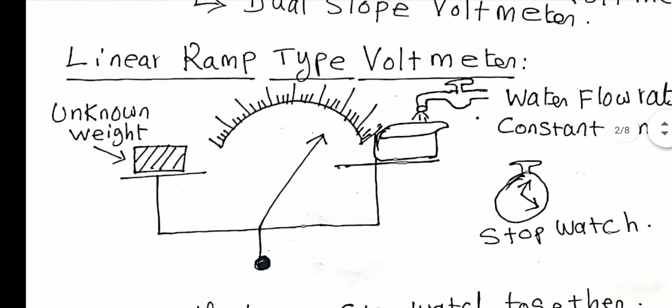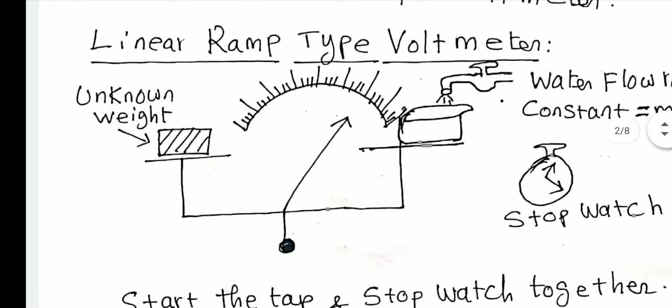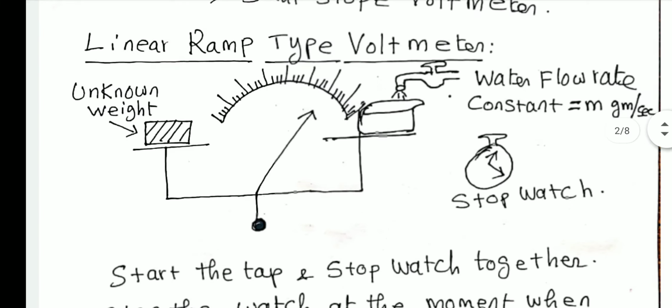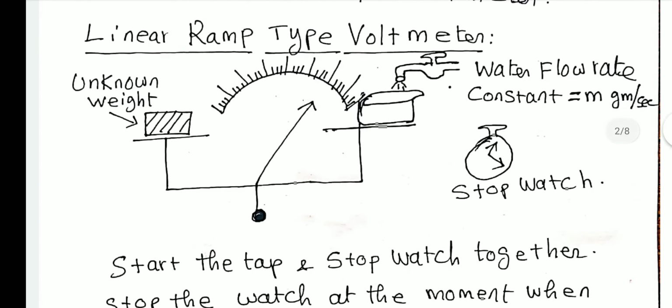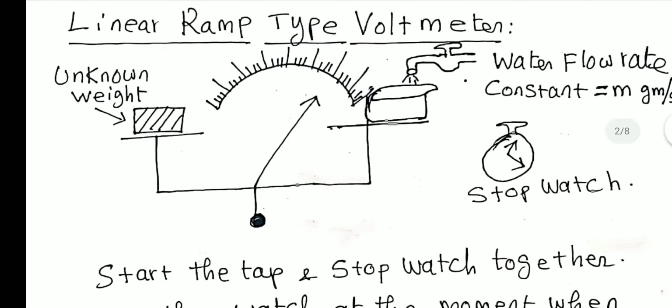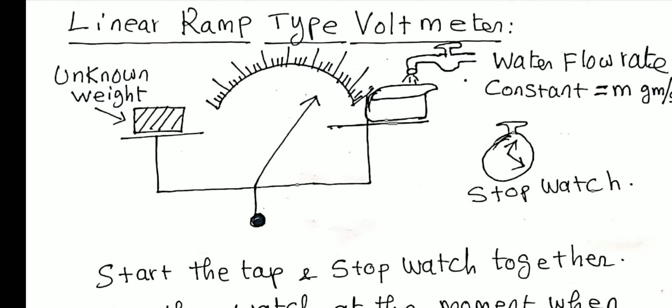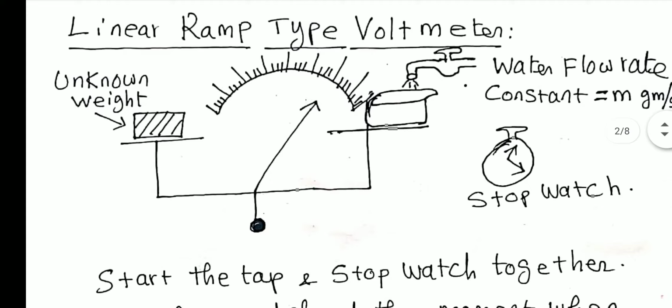To understand the concept of the linear ramp type voltmeter, let us consider this real life example. What we have shown in this diagram is a physical balance with a left pan and right pan, a dial and pointer.